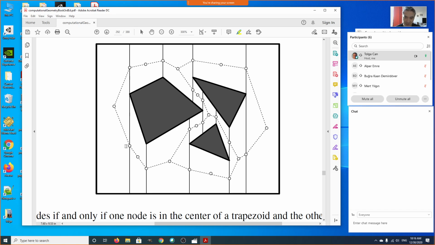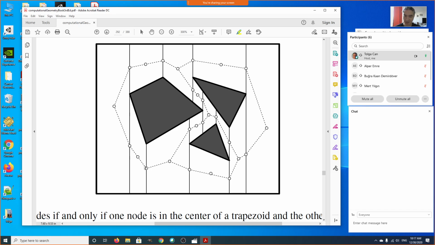So the edges are between, as you can see, trapezoid nodes to edge nodes, and edge nodes to trapezoid nodes. Since trapezoids are convex objects, this will ensure that moving from this configuration to this configuration keeps us in the free configuration space.